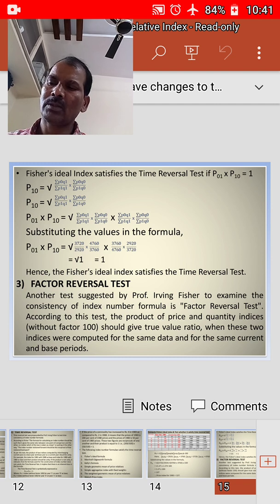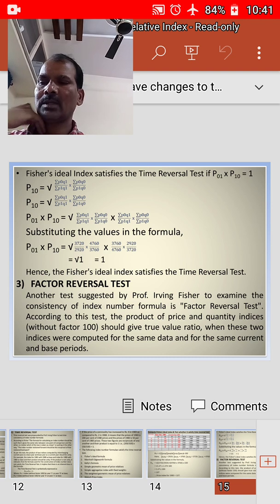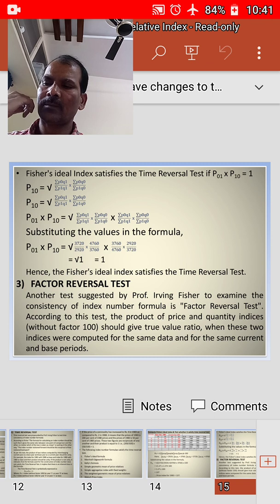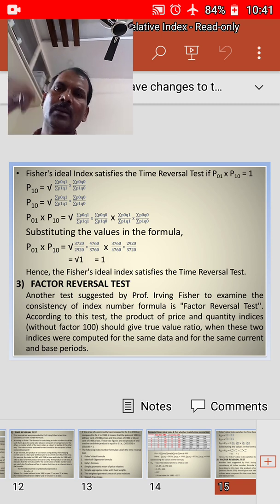Where P01 is the price index for the year 1 with the year 0 as base, and Q01 is the quantity index for the year 1 with the year 0 as base. Sigma P1 Q1 is the total value in the current year, and sigma P0 Q0 is the total value in the base year.